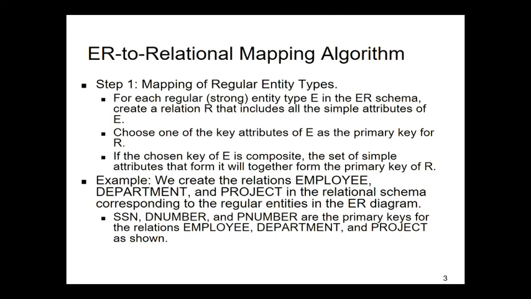Okay? So, for each strong entity, create a relation or a table that includes all of the attributes of that entity. So again, are you creating all of them? Only the ones that are on the build. Because the complete may have a whole bunch of attributes that exist.